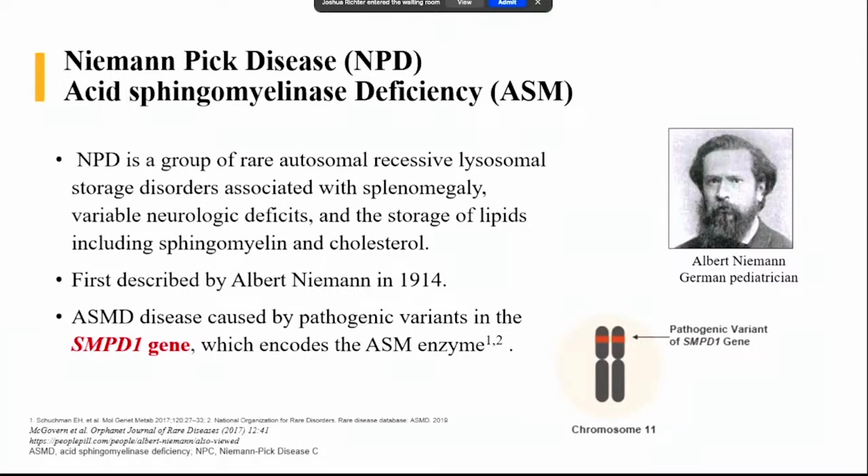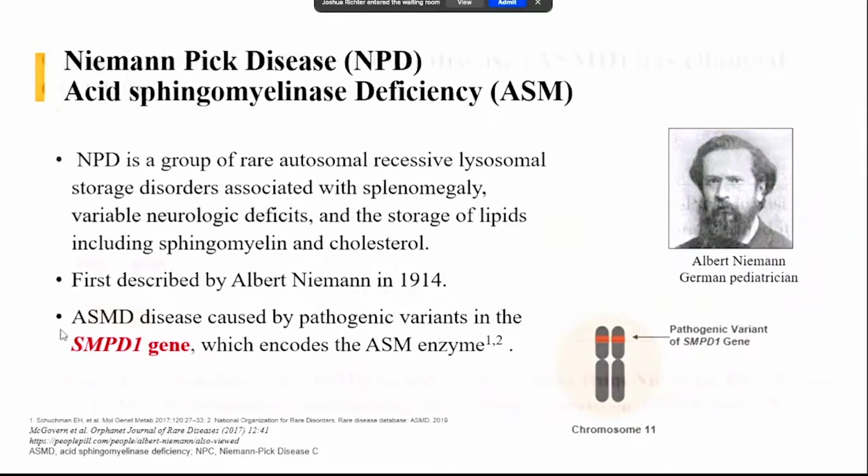It was first described by Albert Niemann, a German pediatrician, in 1914. Later on, a histopathologist called Pick emphasized more the histopathological part, and that's why they named the disease Niemann-Pick disease. The gene responsible for this disease is the SMPD1 gene, which is localized on the short arm of chromosome 11.